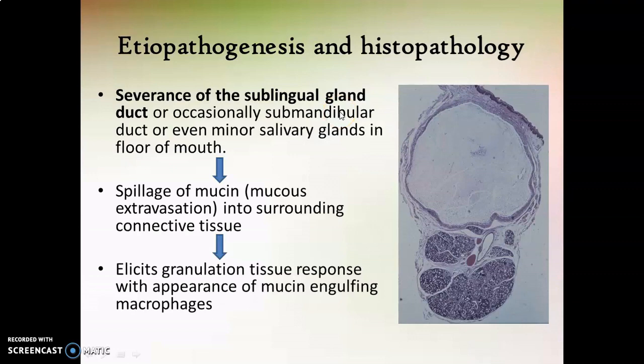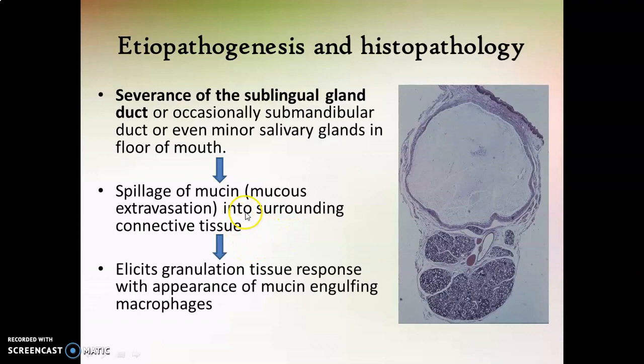Etiopathogenesis and histopathological features of ranula are similar to that of a mucocele. Here, the etiology is the severance or rupture of the sublingual gland duct or sublingual gland itself, or occasionally the submandibular duct or even minor salivary glands in the floor of the mouth, which will cause spillage of mucin or mucus extravasation into the surrounding connective tissue.